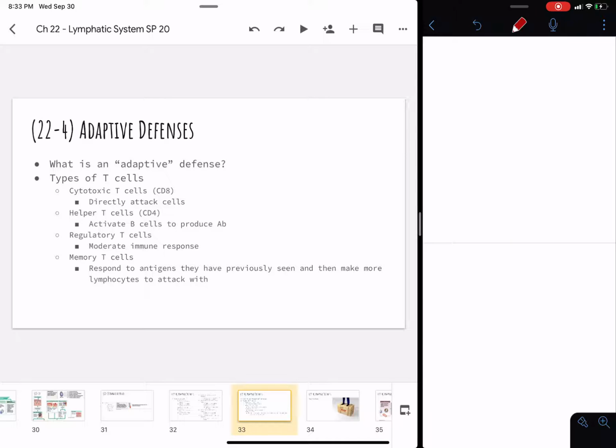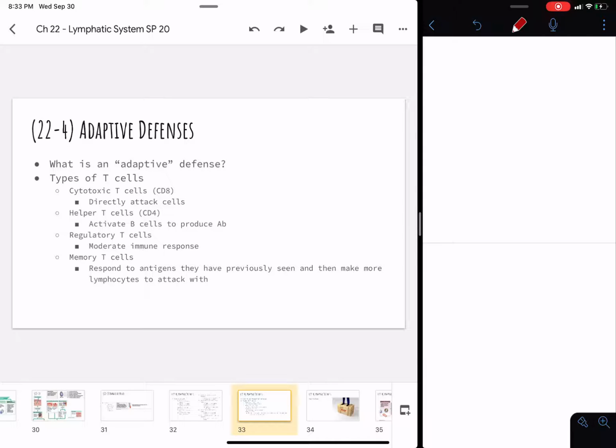We also have regulatory T cells, or Tregs for short, and these cells are just floating around, constantly supervising what's going on in the immune system and recruiting other cells if needed. We also have memory T cells. Once the T cell has learned how to help a B cell or how to kill off another cell, it might also turn on other T cells and tell them, hey, you need to remember what this pathogen looks like so that the next time the pathogen comes, you're able to defeat it.